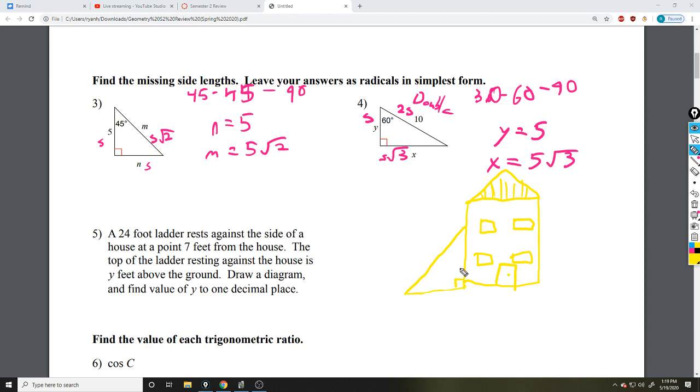The idea is that we got this right triangle right here. So this is my ladder, so that's 24 feet. And we're saying that the point is 7 feet from the house. So the distance from the bottom of the ladder to the house is 7 feet.